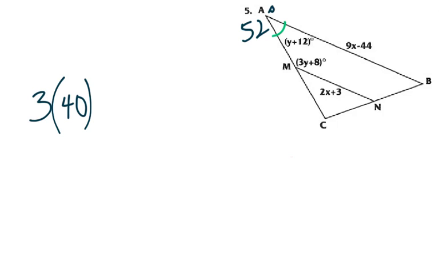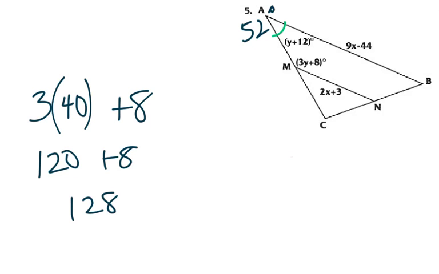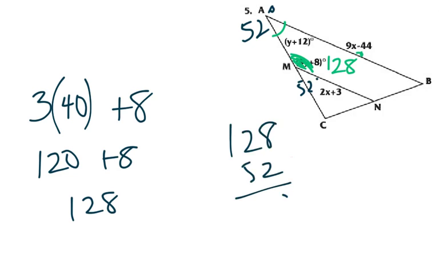So 3 times 40 plus 8 would be 120, plus 8, which would be 128. So this angle measure on the outside here would be 128. And then this one would have to also be 52. And 52 plus 128 should be 180, and it is.